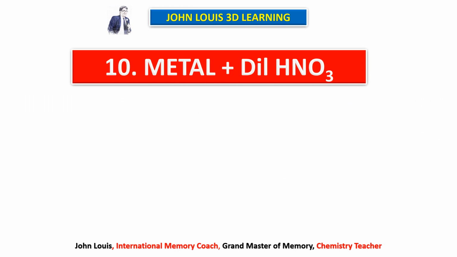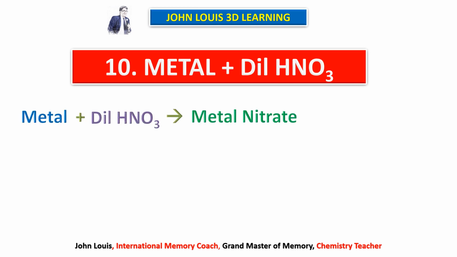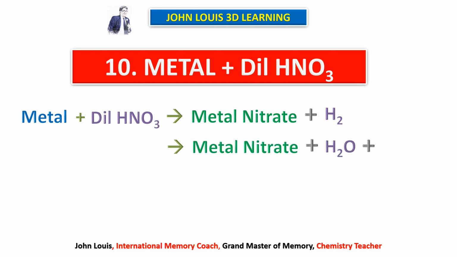So, metal plus dilute nitric acid. Here 3 different types of products are formed for the same reaction. Metal plus dilute nitric acid gives metal nitrate plus hydrogen. What metals will undergo this type of reaction? The other type is metal nitrate plus water plus nitrogen monoxide. What metals will undergo this type of reaction?